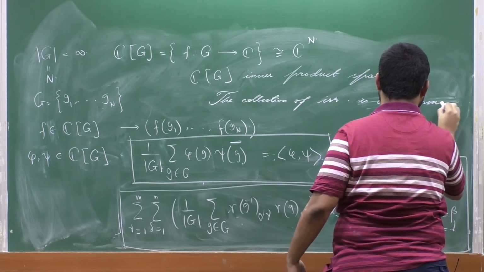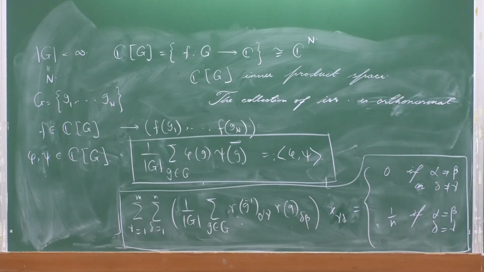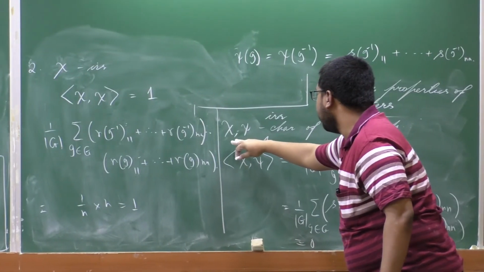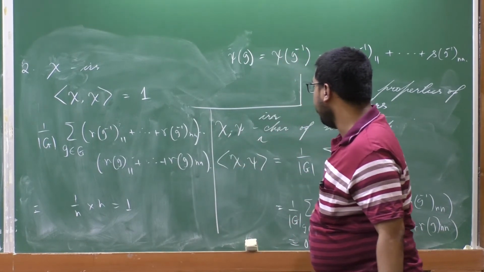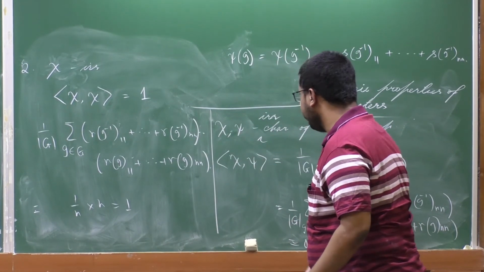If you take any two distinct irreducible characters, then their product is going to be 0.